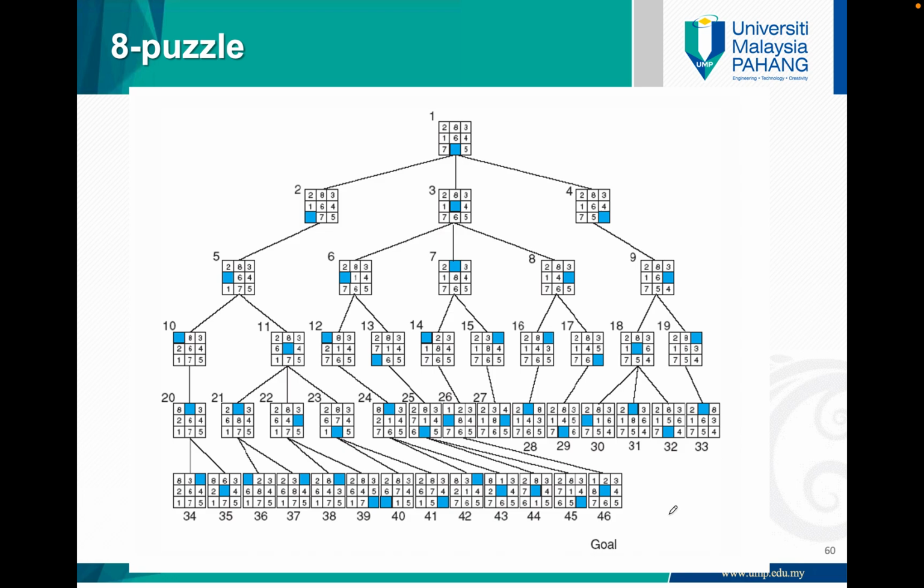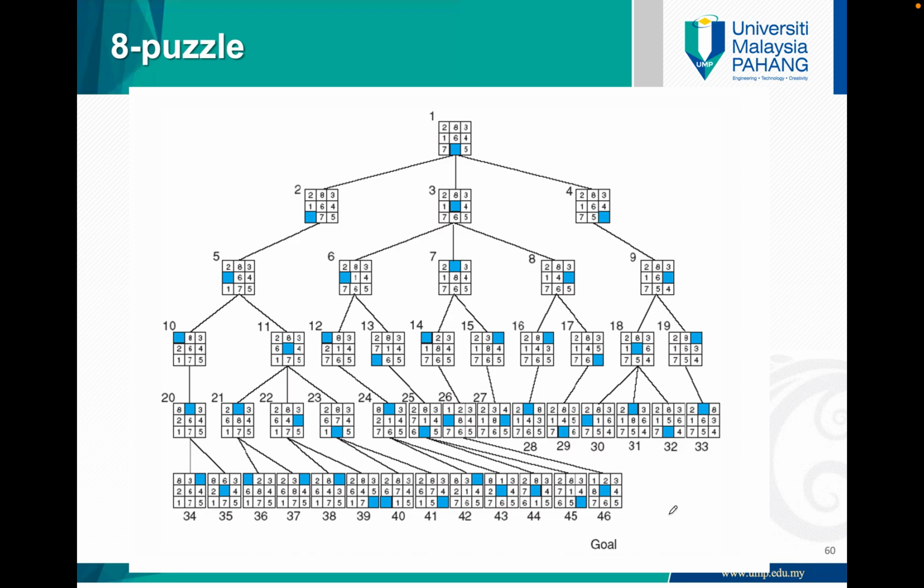In DLS, the main idea is you expand the node at the deepest level, but limit depth to L. What does it mean to limit depth to L? Let's look at this example.